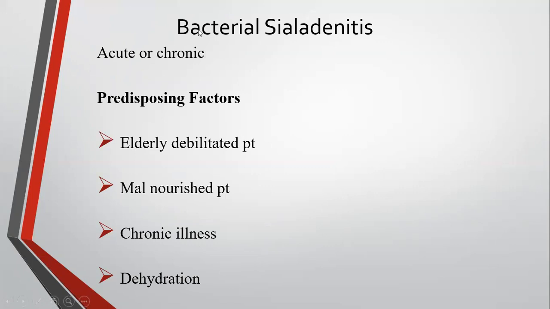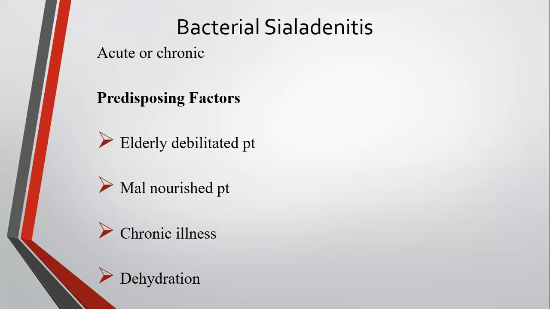It can present as either acute or chronic. Okay, so we will be discussing the predisposing factors. What are the major factors that can lead to bacterial sialadenitis? It can occur in elderly debilitated patients, who are older and not in good health. Then patients who are malnourished or deprived of nutrients. Patients with chronic illnesses, we can see bacterial sialadenitis in them as well.